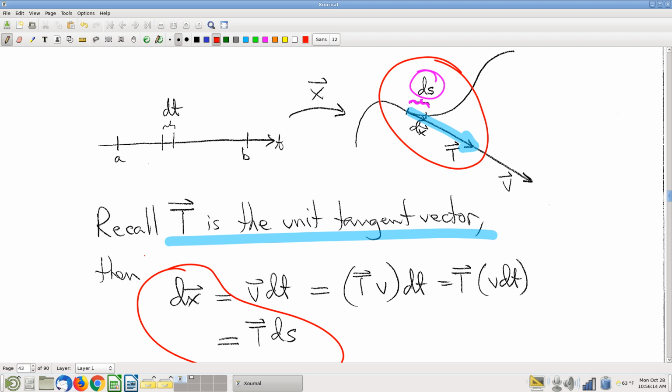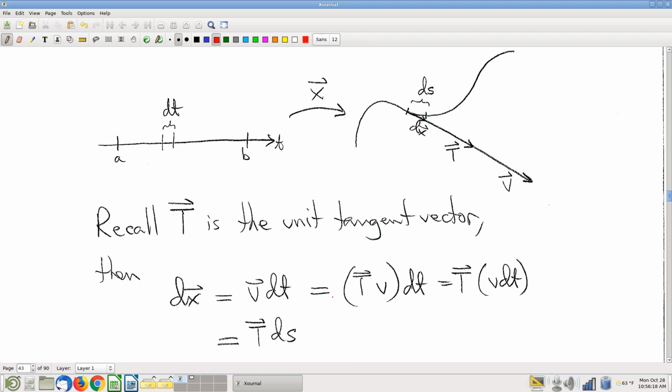And if you don't like the geometric argument, you can just do the algebra. So we already know that this is true, and of course the velocity vector is a unit vector times the speed. The velocity is direction times speed. Again, old news. Move parentheses around, and v dt, speed times time, is just distance.